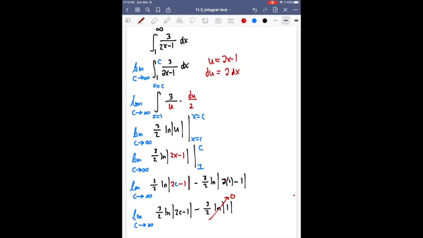But in this limit, as c goes to infinity, the ln of 2c minus 1 is also going to go to infinity. So this limit is actually equal to infinity. And now, because we've just shown that the improper integral diverges, we can automatically also say that our series also diverges.